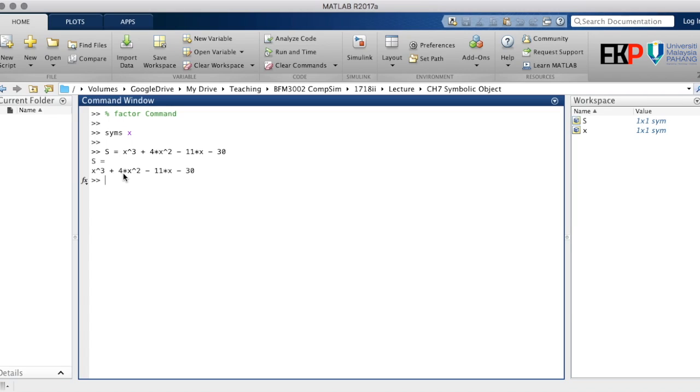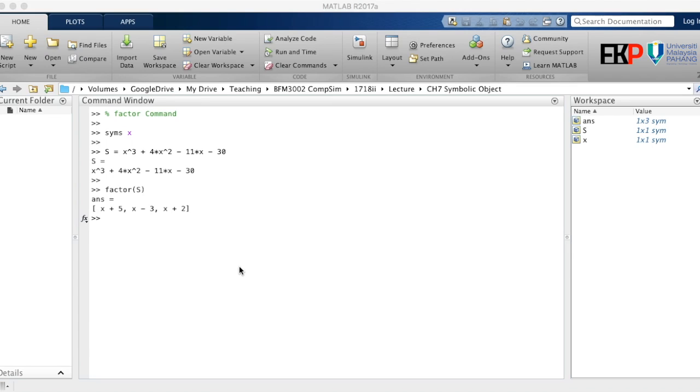We can simply use the factor command to factorize the expression s by typing factor s. When we press enter, we see the answer given as x plus 5, x minus 3, x plus 2. So these are the factors of the expression that we have defined up here.